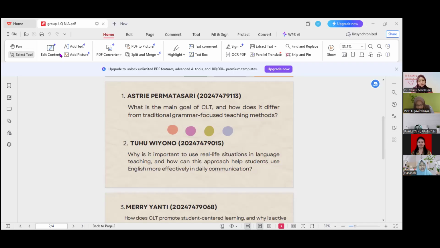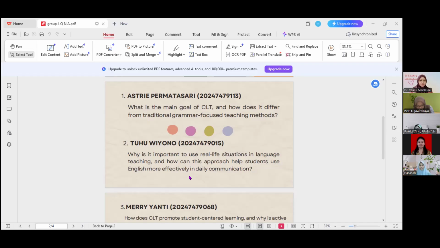Unlike traditional grammar-focused methods, CLT does not only emphasize accuracy but also fluency and the ability to express ideas. It focuses on using language for communication rather than just memorizing rules.